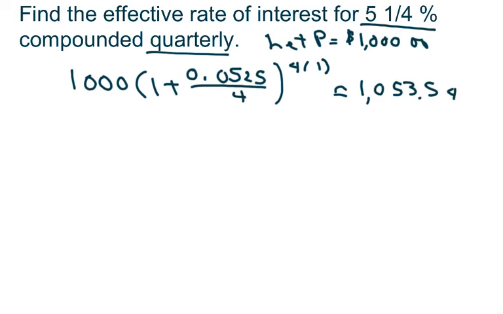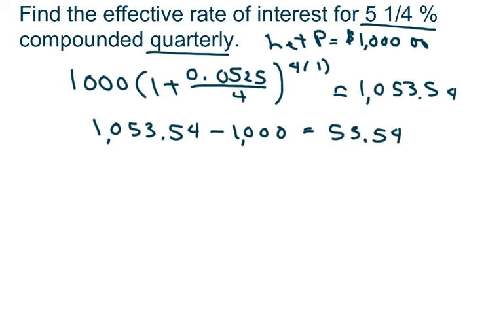So the interest earned is 1,053.54 minus 1,000. You could have used 10,000. You could have used 100. Anyway, we get 53.54.